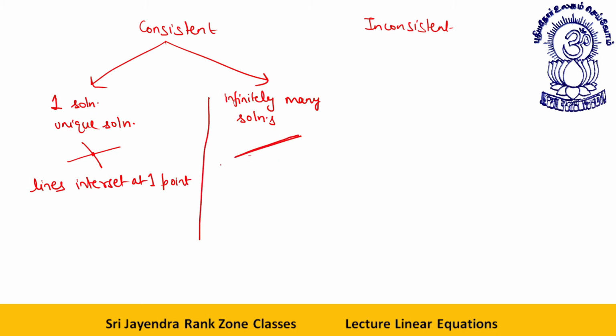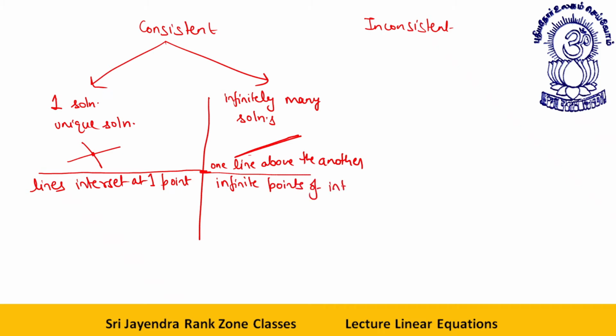This is called infinite points of intersection.